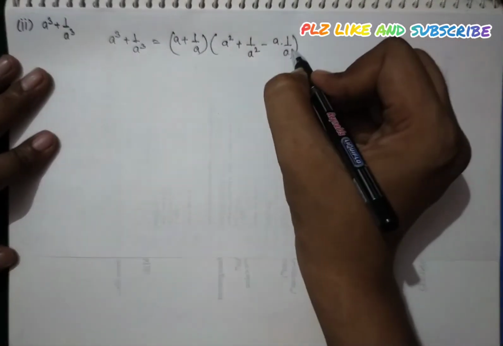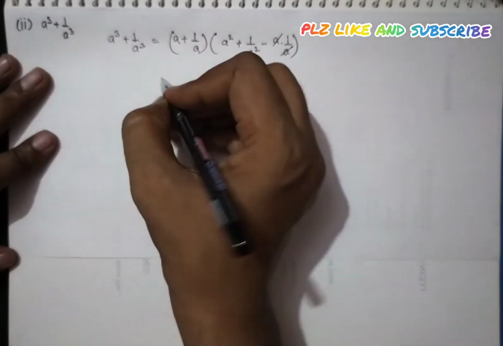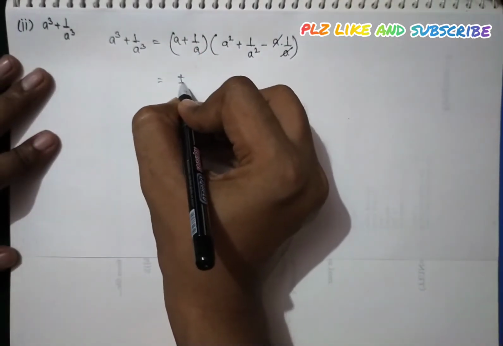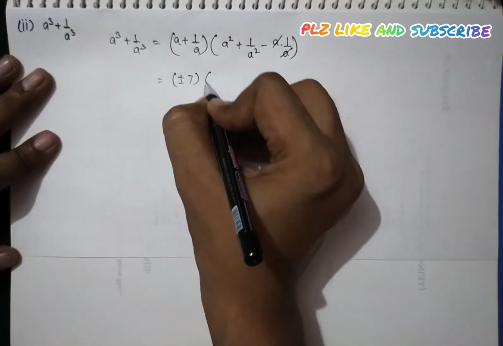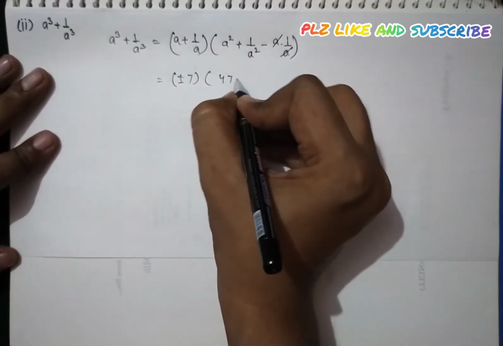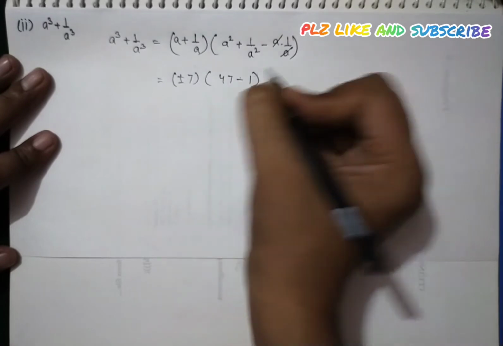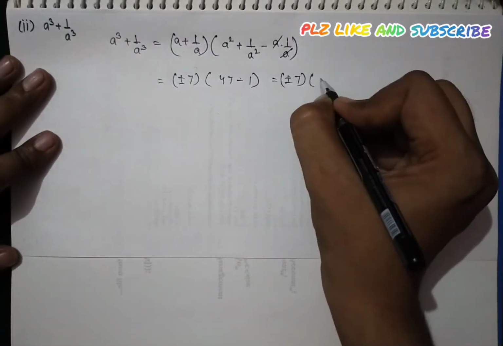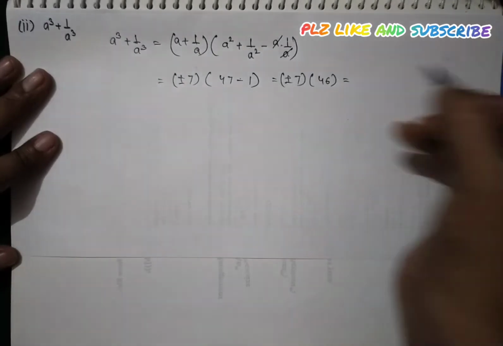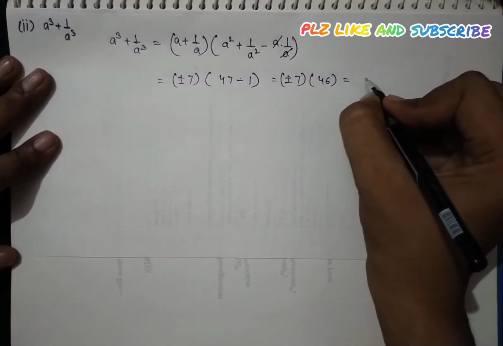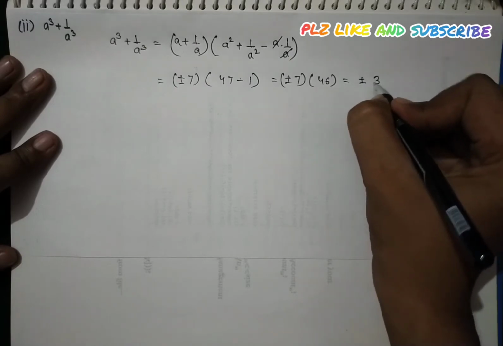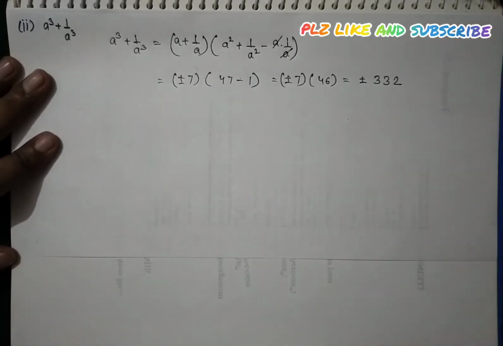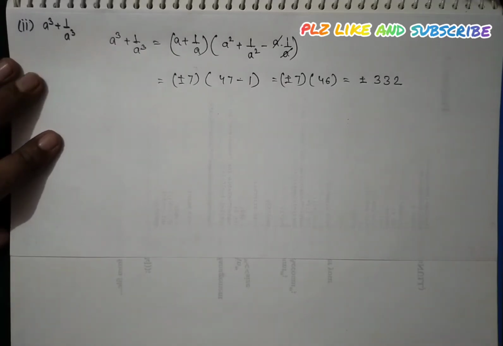We can cancel out these two, and we will be left with plus minus 7 into 47 minus 1, that is plus minus 7 into 46, and that will be equal to plus minus 322. Now we will go for the next question. Question number 3 is similar to question number 2, so we will be moving to question number 4.